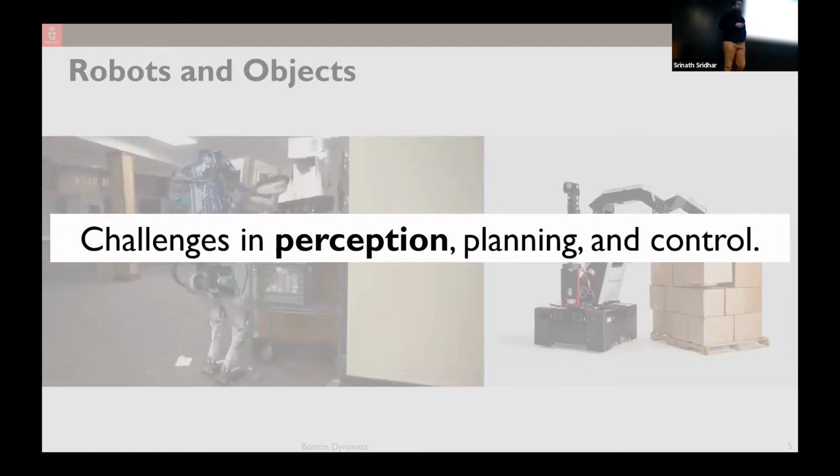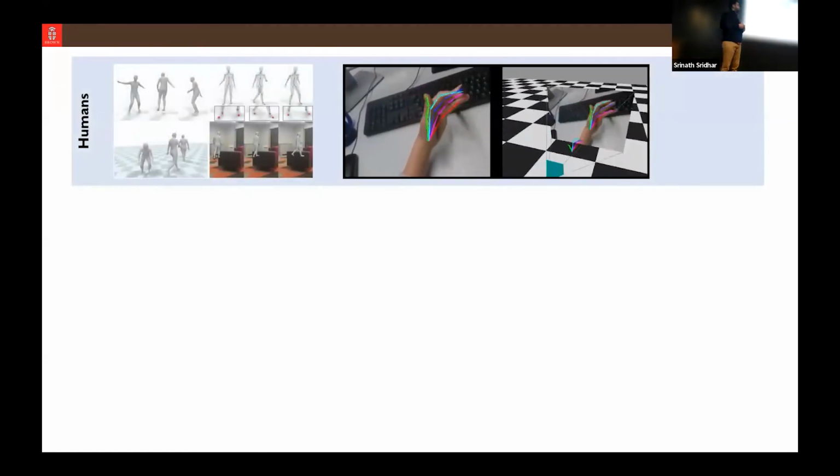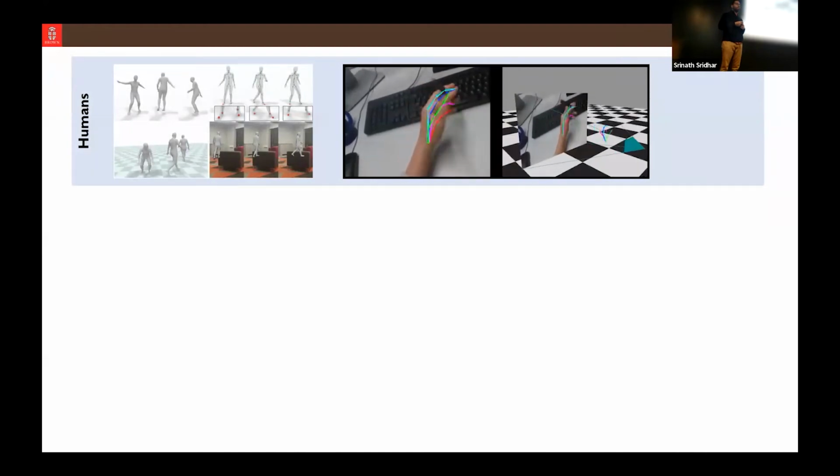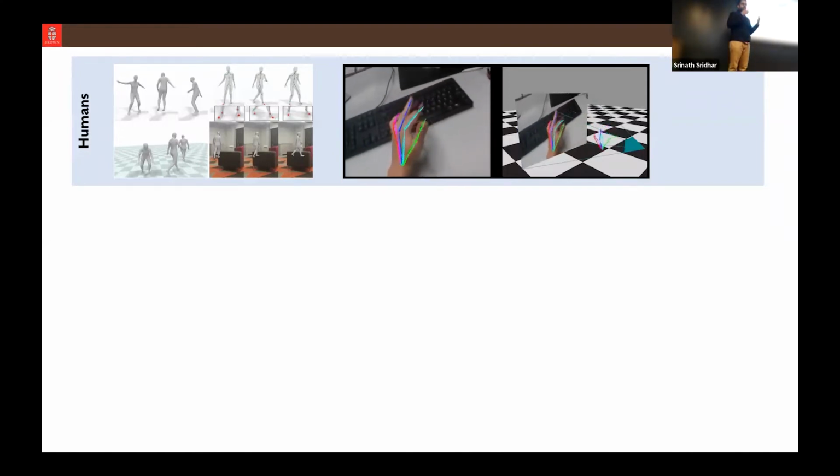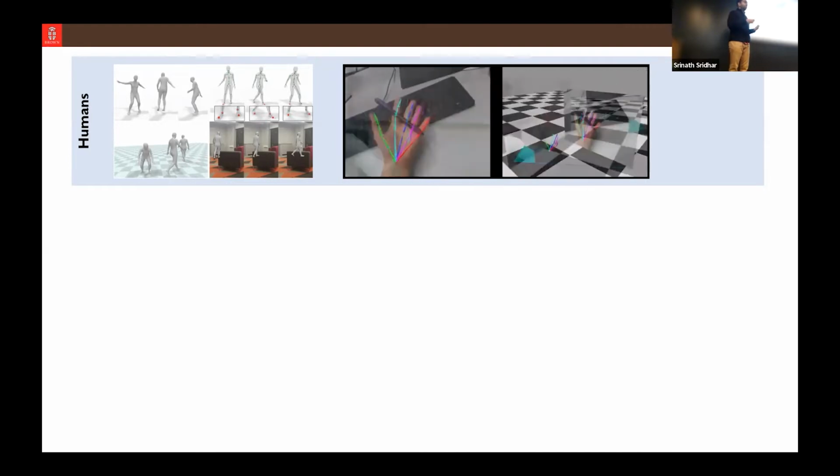So my group at Brown primarily works on 3D computer vision and machine learning for different kinds of applications. We're interested in building 3D computer vision and machine learning tools for understanding human motion. So this includes things like human body motion, what is the space of poses that human bodies take when moving in the environment.